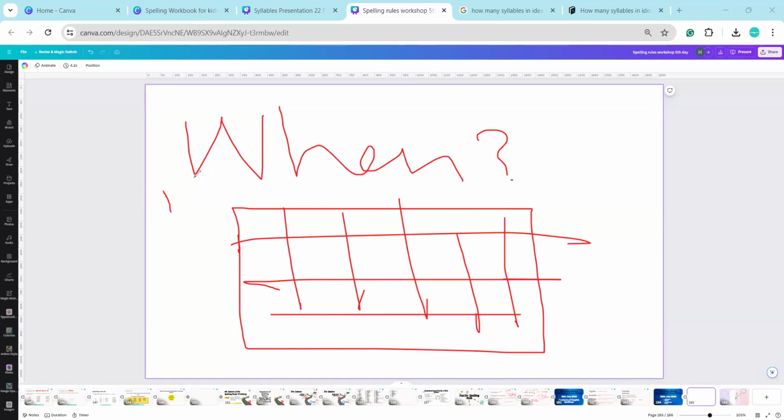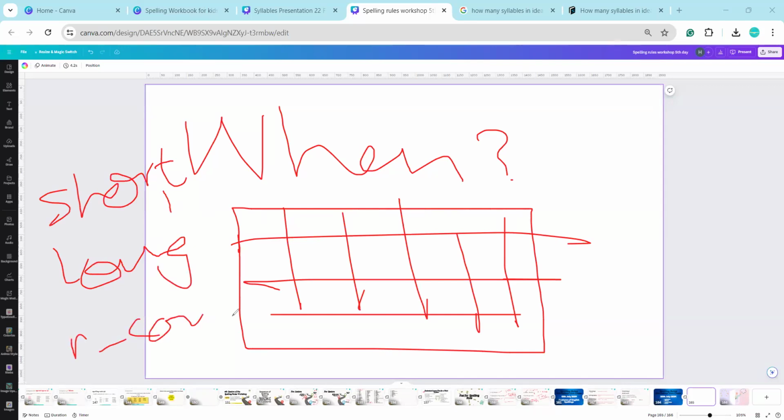Schwa sound can be said by any vowel, be it a short vowel, a long vowel, an R-controlled vowel, a diphthong. Any vowel can make the schwa sound. So we do not have any grapheme. Grapheme means a letter that can individually represent the schwa sound. That's why the schwa sound is not included in this chart. I hope this point is clear.